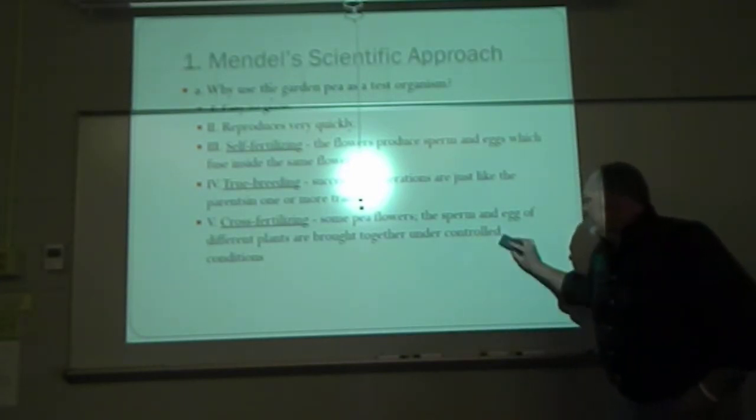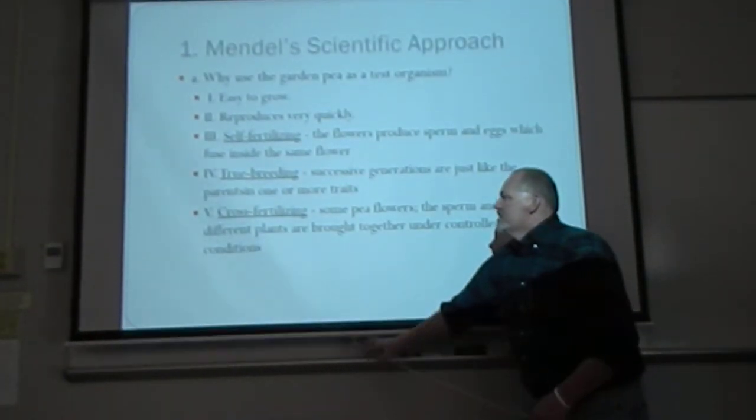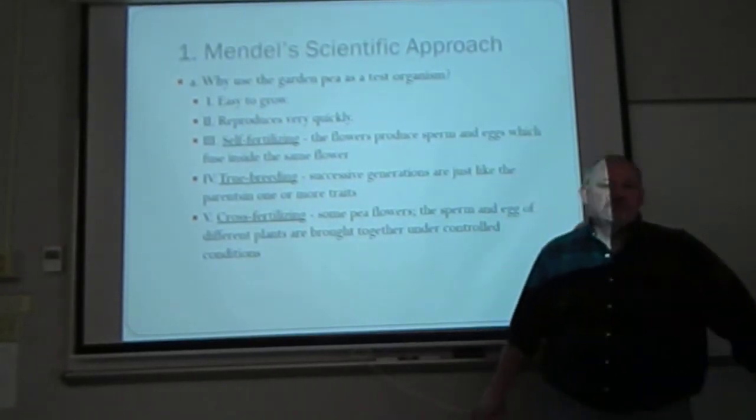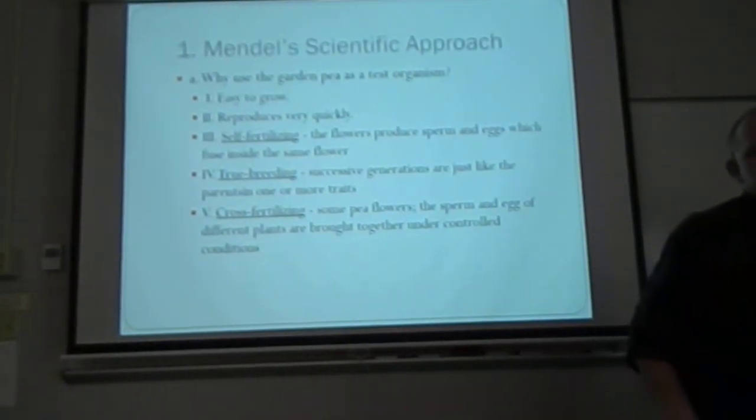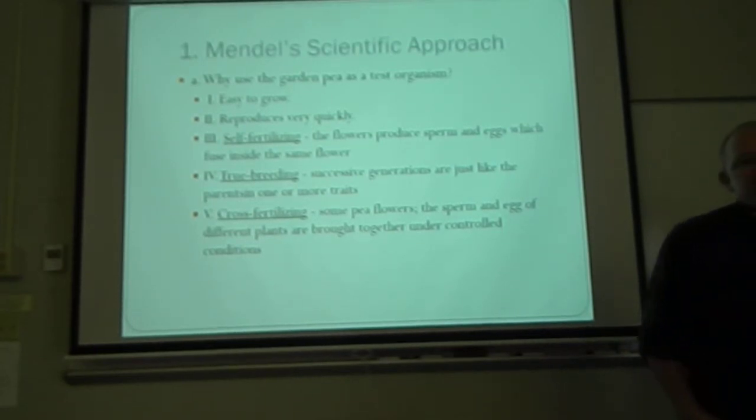True-bred plants are those that, when he observed them over generation after generation, all produce the same phenotype, what it looks like. For instance, flower color. He looked at peas.